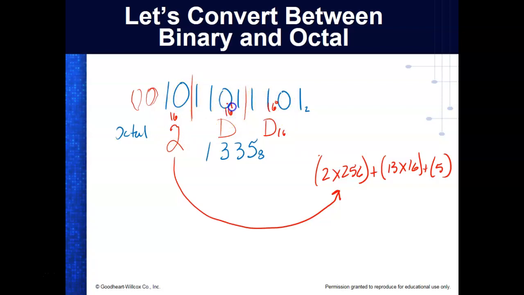This is 16 to the first, and this would be 16 squared. We want to get it to decimal, so we're going to put everything in decimal. So 2 times 16 squared, which would be 256, right? Plus D, what's D equal to in decimal? 13 times 16 to the first, and then plus 5.